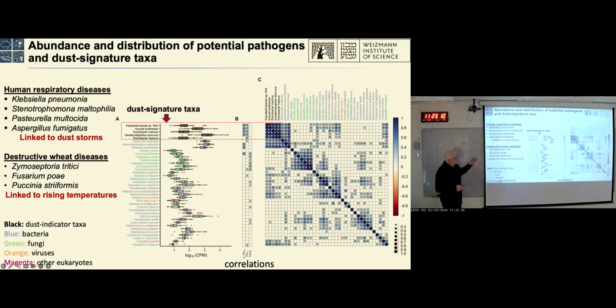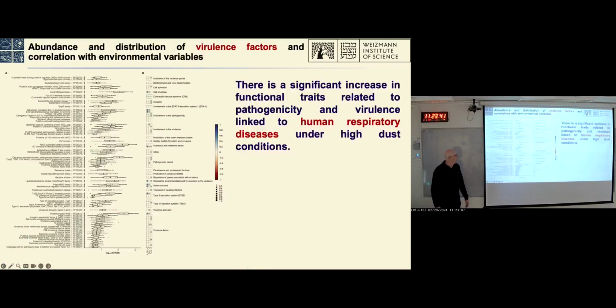So what I want to emphasize is that this provides us a tool to start studying when we expect to see some pathogens. Maybe we can predict them. Their concentration is not very high, but if you have a more sensitive population, like elderly people or people with diseases, they should be aware that if you go out during a dust storm, you have a higher chance of being exposed to this kind of pathogens.